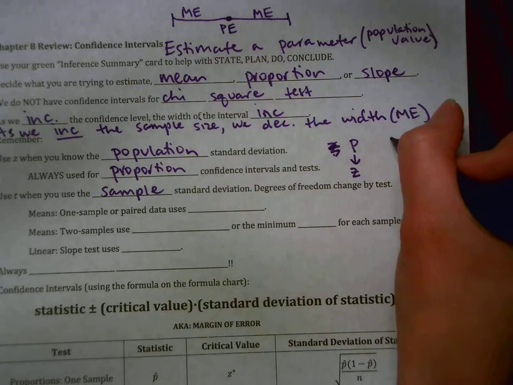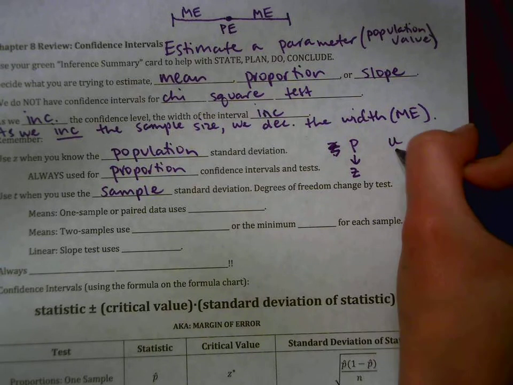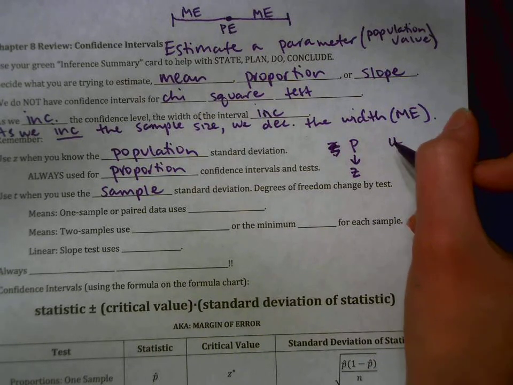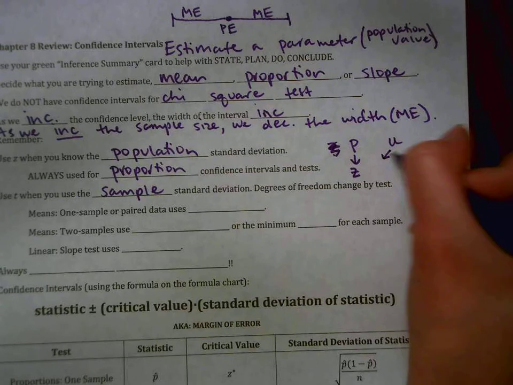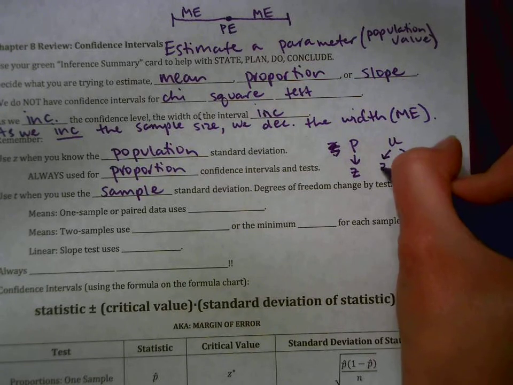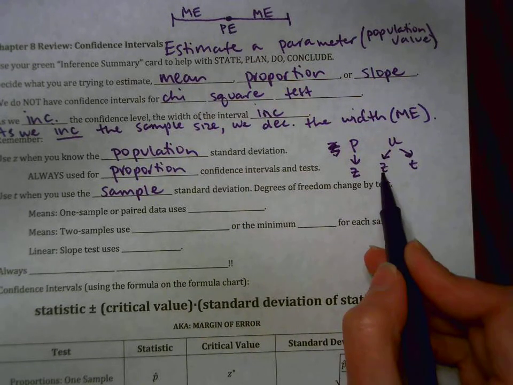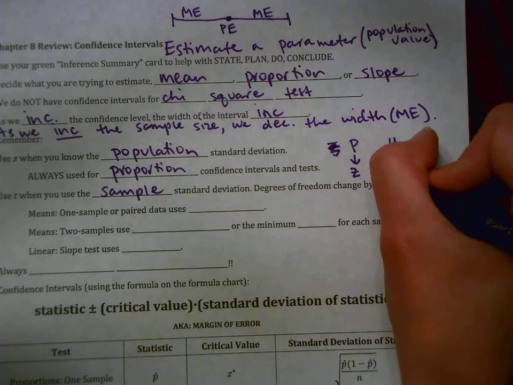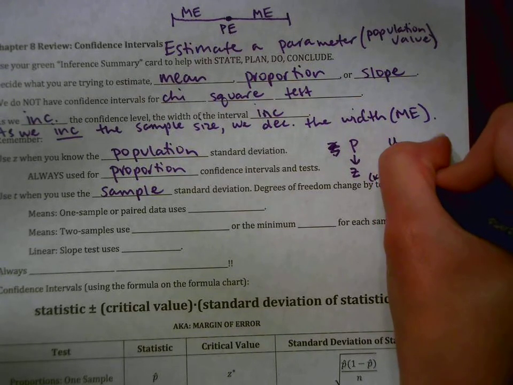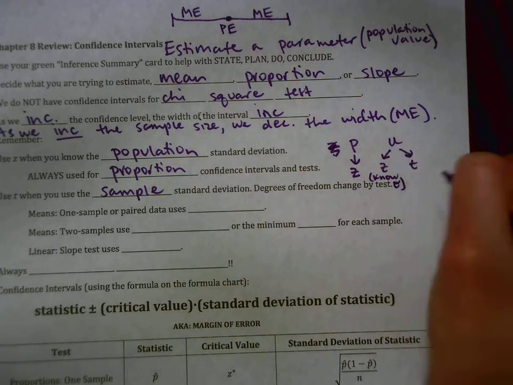If it is a mean problem, where you're estimating mu and using x bar, it could technically be either Z or T. Z is if you know your population standard deviation sigma.